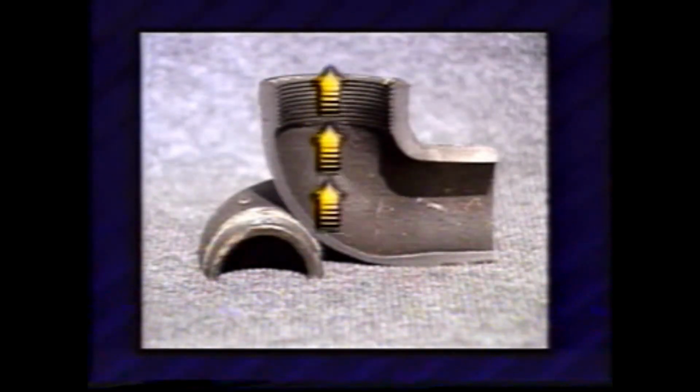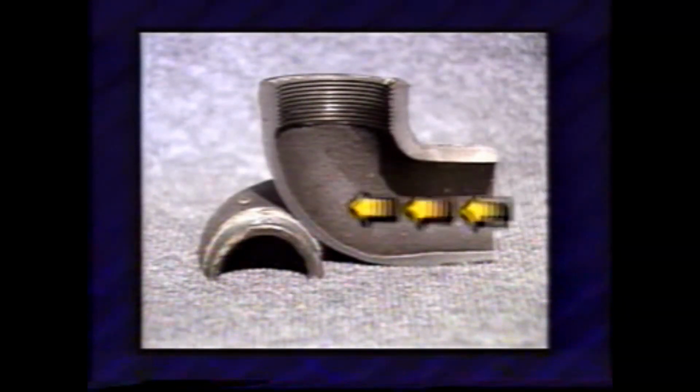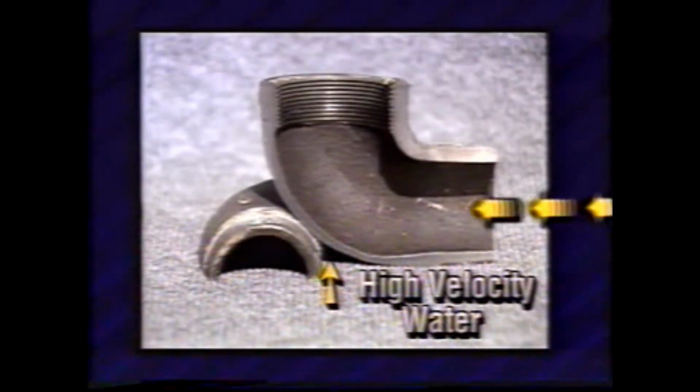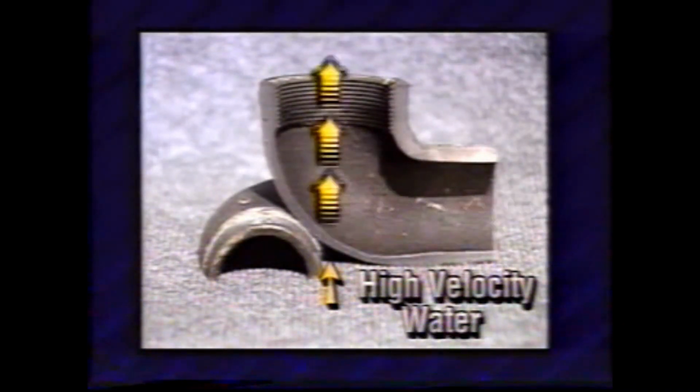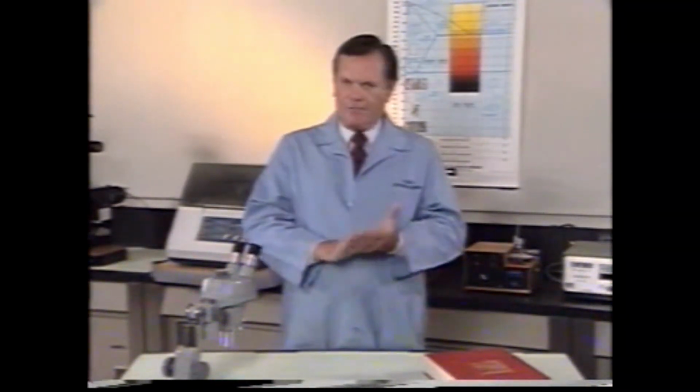On the other hand, swift-moving waters can also present corrosion problems. High-velocity water may sweep away the dissolved metal ions before they can precipitate as a protective passive layer. Also, any gritty solid suspended in swift-moving water can scour the metal, effectively removing protective layers and continually exposing fresh metal to corrosive attack.